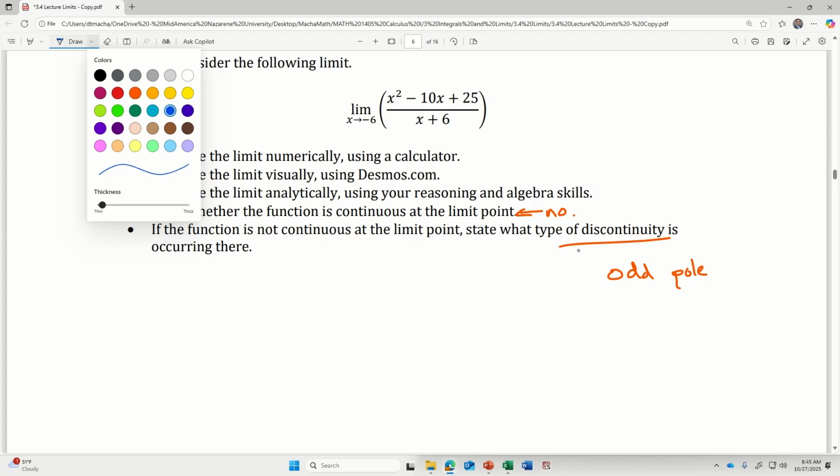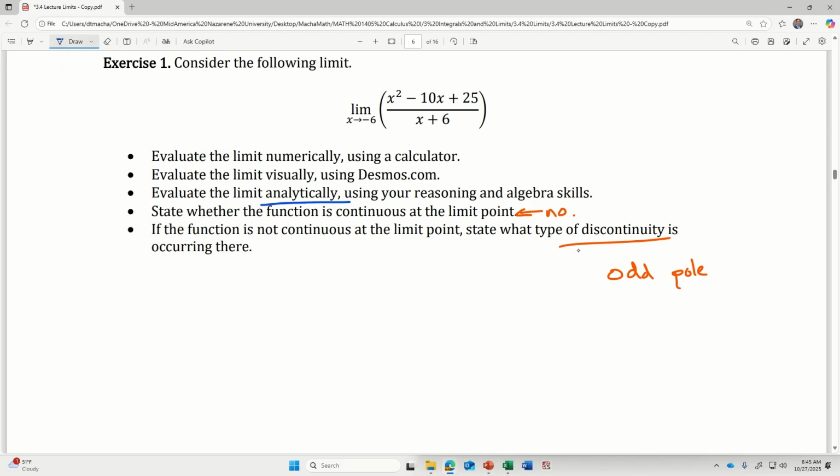When it says evaluate the limit analytically, this is hopefully something your teacher taught you in, what do you call it? Pre-cal? College algebra, whatever you want to call it. We could factor this whole thing and get x minus 5 squared over x plus 6.